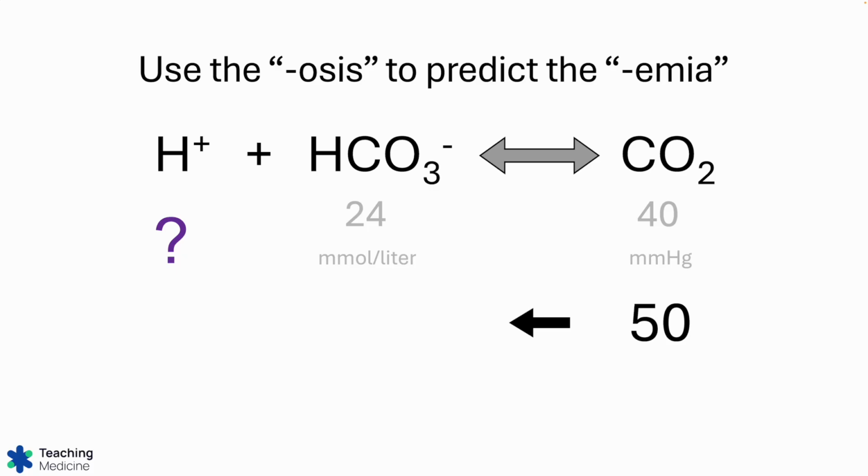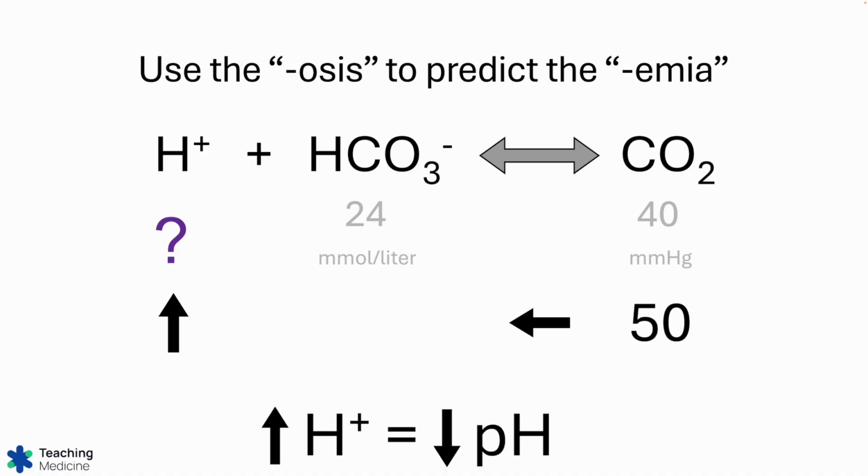So we have a high value of CO2. This is going to shift the equation to the left. This is going to increase hydrogen ions. The hydrogen ion concentration going up is going to reduce the pH. So we would predict this is a respiratory acidosis causing acidemia.